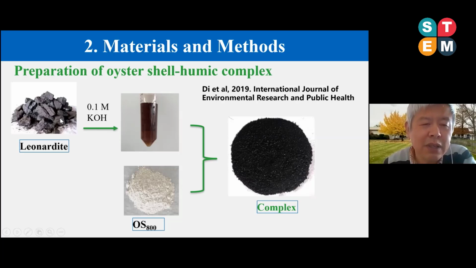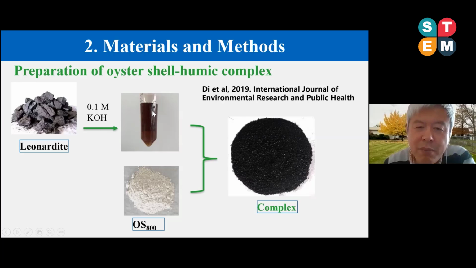So normally you wouldn't use leonardite for burning, but this material is very abundant in China, in many parts of the world. So we use pulverized leonardite as a raw material and put it into 0.1 molar calcium hydroxide, and by shaking for a few hours, we can extract humic acid from this raw material.